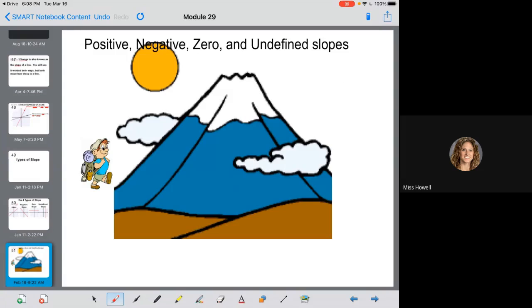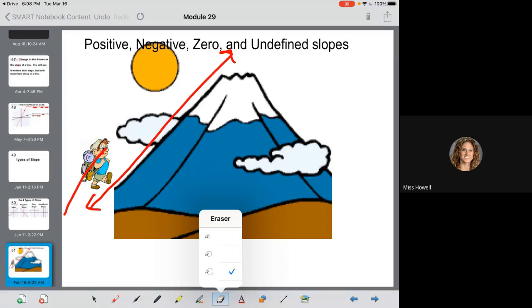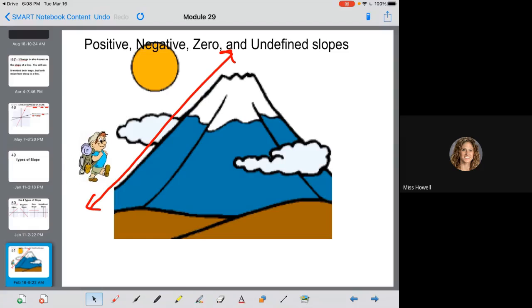So the beginning portion of our hike, which is going to be this portion, heading up towards the top of our mountain. Our hiker gets going here. Oops, excuse me, let me get my eraser. I just put a big streak on my hiker. All right, so our hiker starts out down here, and he's going to head up towards the top of this mountain.